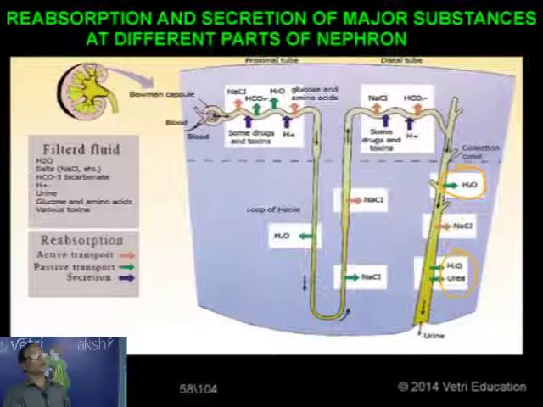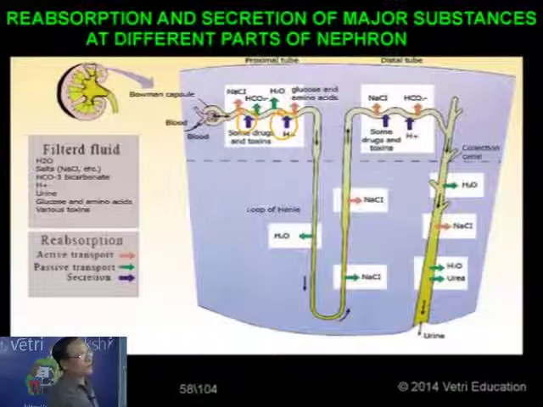And I mentioned already the hydrogen ions, potassium ions, ammonia, along with the drugs and the toxic substances, all those that have escaped the filtration process are actively secreted by the epithelial cells in different parts of the nephron. So the blue or violet arrow marks indicate, for example, that hydrogen ions and some drugs and toxins are being secreted by the epithelial cells of the PCT into the filtrate.